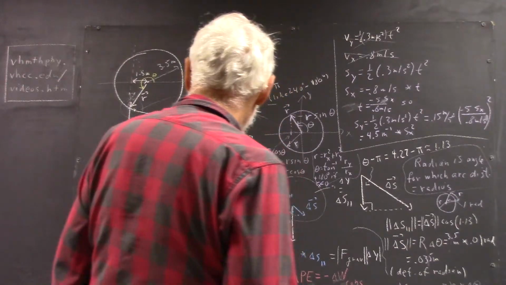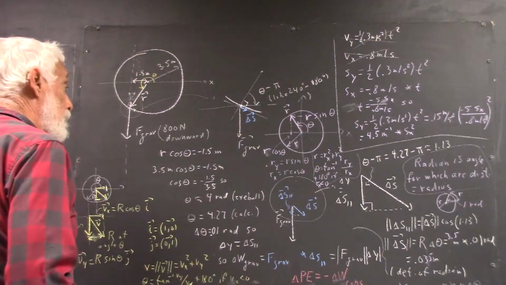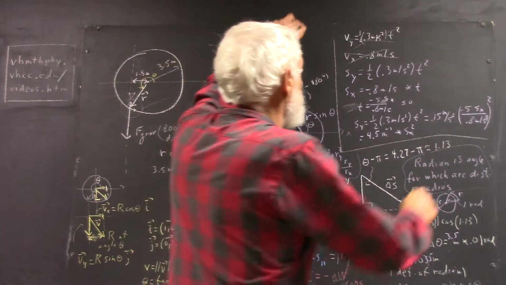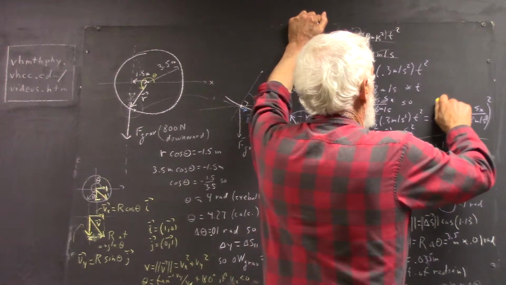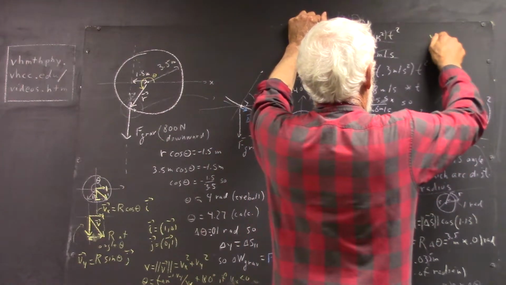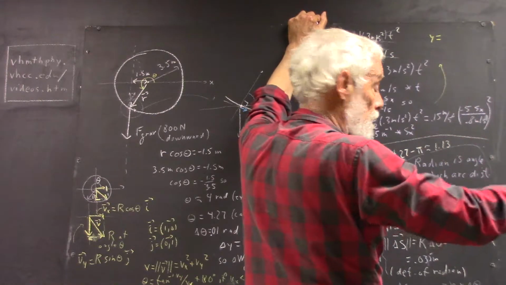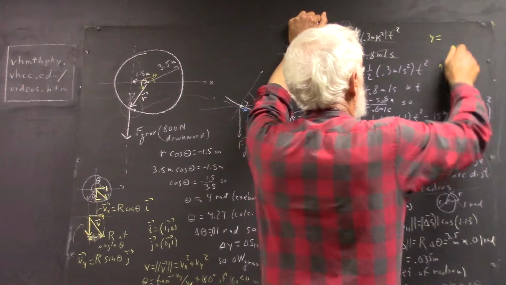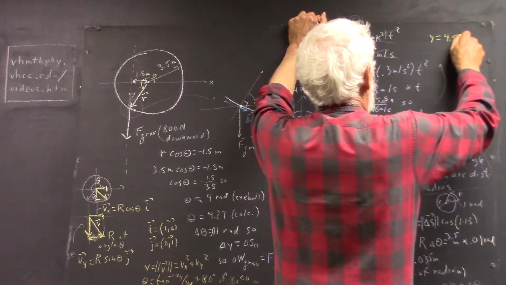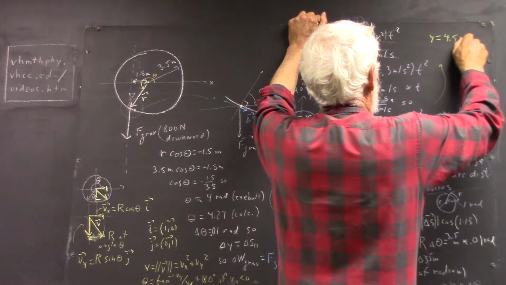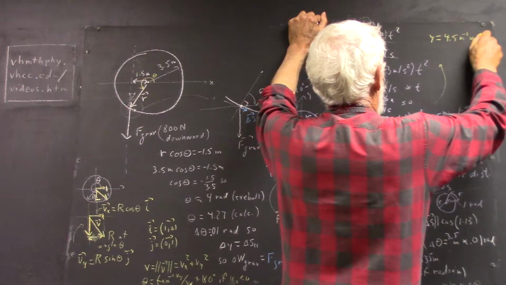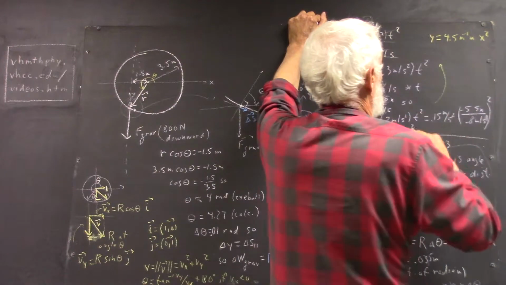Now, if I just use x and y instead of s sub x and s sub y, this becomes y, if y is the position in the y direction, equals 4.5 reciprocal meters times x squared.